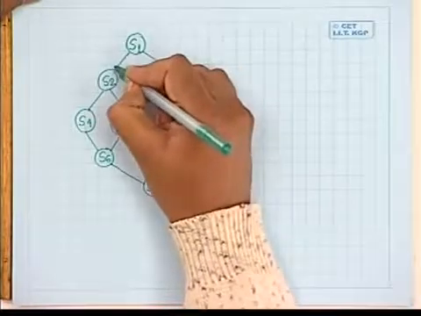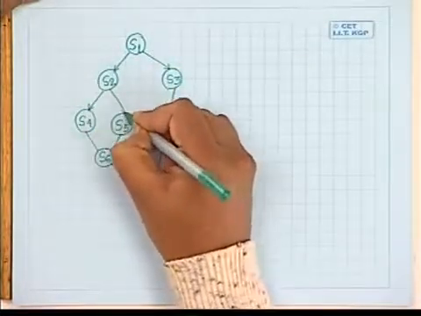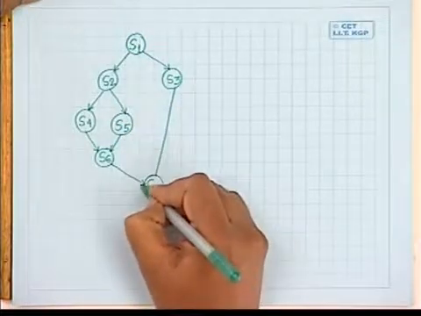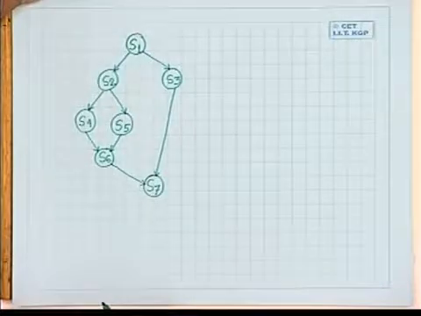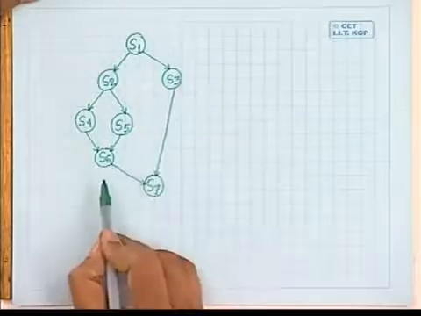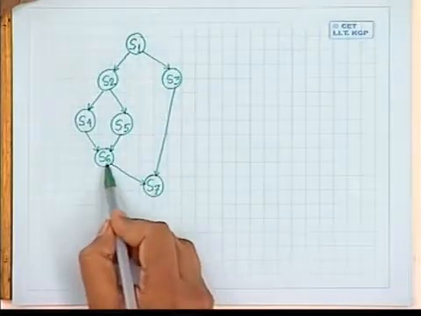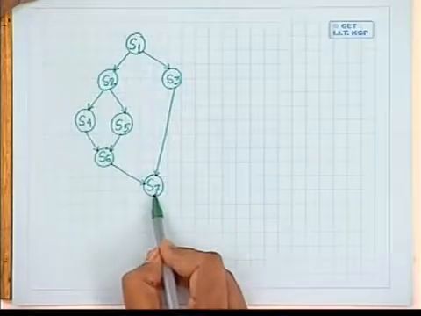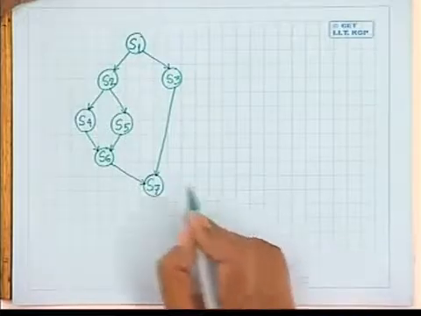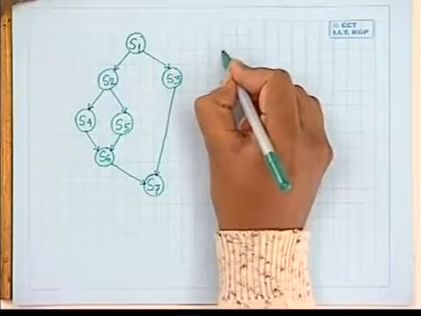So this is the precedence graph that we have. How can we write it? You find that there are 2 points where the processes are to be joined. Here 2 processes are to be joined, and here also 2 processes are to be joined. So I can write a very simple fork join structure for this.